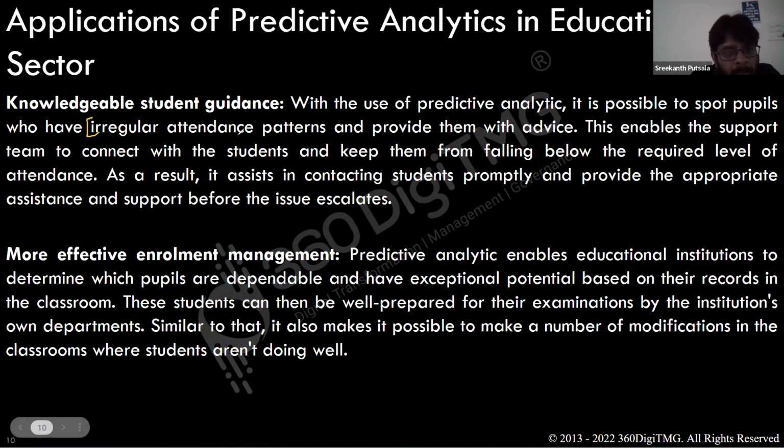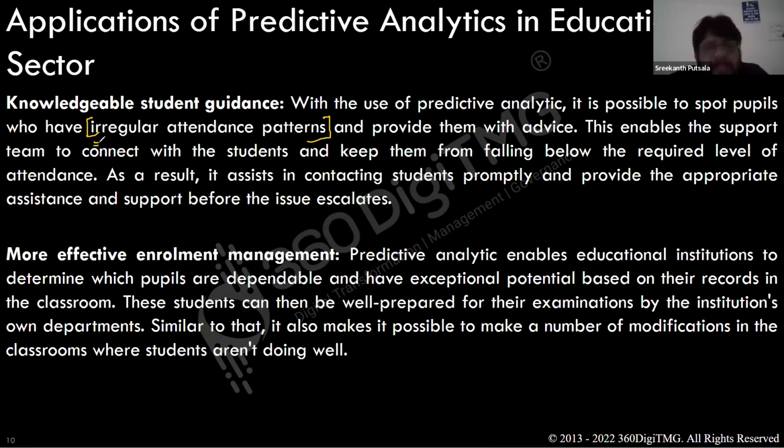Now, if I know the irregular attendance patterns of particular students, I am going to advise them, right? We can provide specific advice by concentrating on these people, and this will enable the support team to connect to them, right? So we have created a model that could recognize these students.